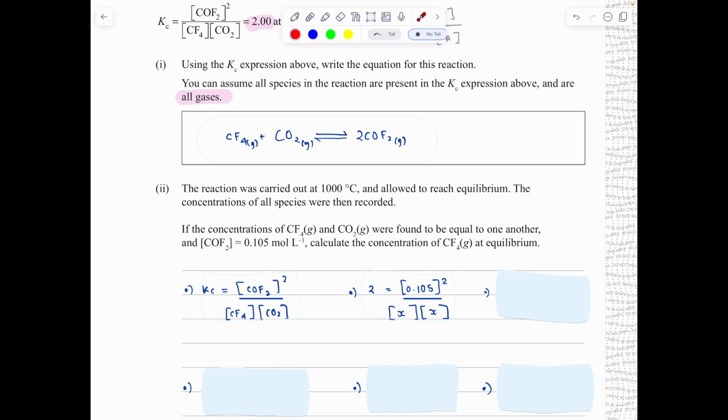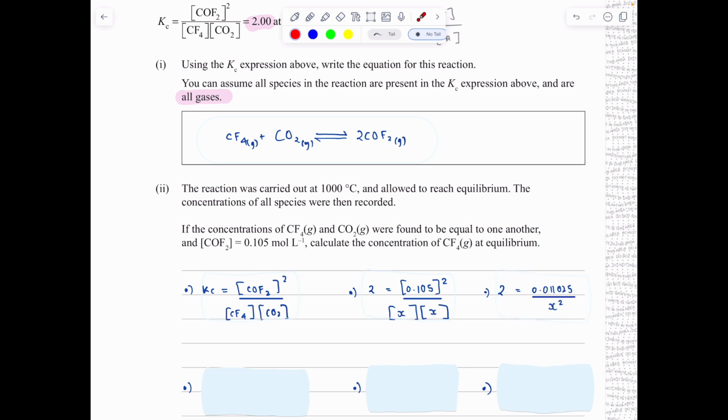Because it tells us that CF4 and CO2 are found to be equal to one another, I have put them down as X's, okay? The reason they're X's is because we actually don't know the concentrations of these. We're not given these. We're going to have to find out one of them. But because they're equal, we know that they're both the same, so I've made them X.